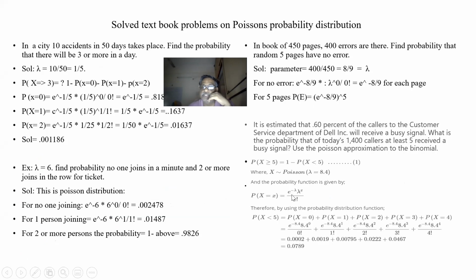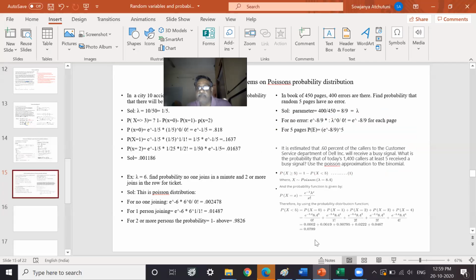So this is my distribution, e to the power of minus lambda, lambda to the power of x by x factorial. The first one is e to the power of minus lambda, the second is lambda into e to the power of minus lambda, the third is lambda square by 2 factorial into e to the power of minus lambda, the fourth is lambda cubed by 3 factorial into e to the power of minus lambda. All four I am adding and subtracting from 1. Less than 5 I am adding, for at least 5 receiving a busy signal.